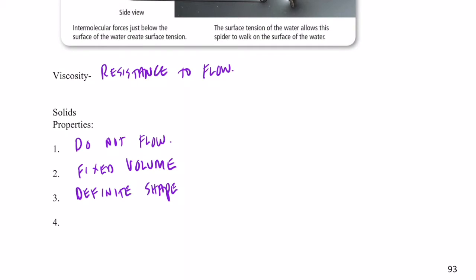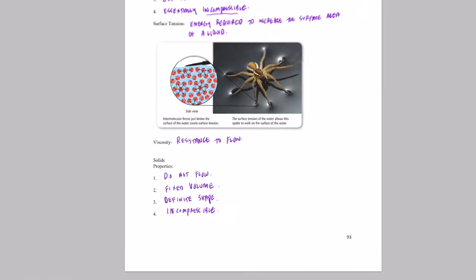And if they can't flow, they can't take the shape of their container. And solids are incompressible. Once again, that's related to how close the particles are to one another, and we can't push them any closer than they are to each other, so we say that they are incompressible.